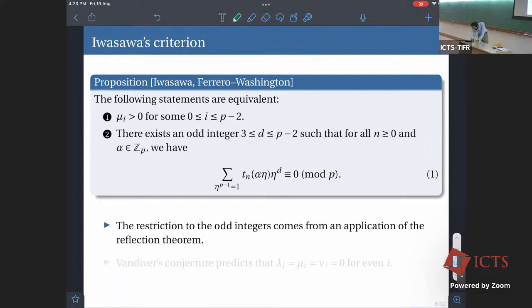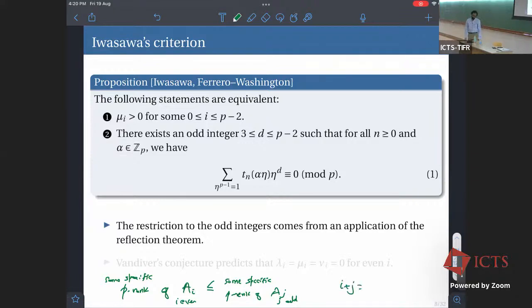So the reflection theorem is something like the p rank of A_i is less than or equal to the p rank of A_j, for i even and j odd. And if I remember correctly, I plus j is p.